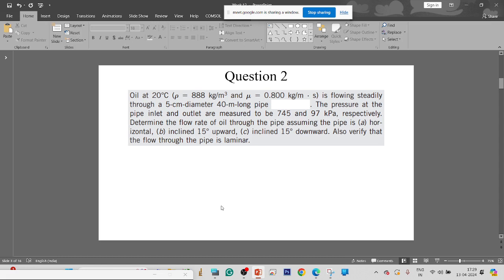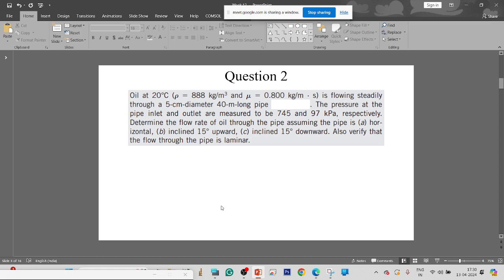If we do the force balance, that will be 2 pi r dr p at x minus 2 pi r dr p at x plus dx, plus 2 pi r dx tau at r minus 2 pi r dx tau at r plus dr, minus rho g 2 pi r dr dx sine theta equals 0.